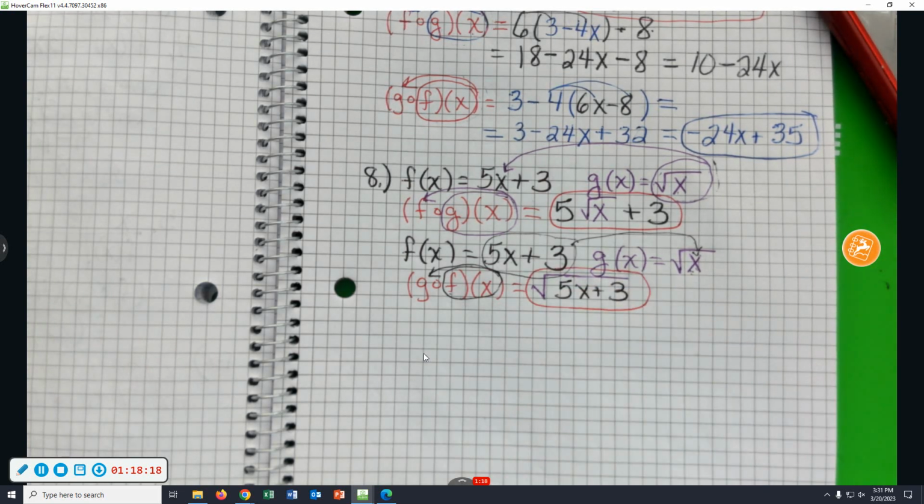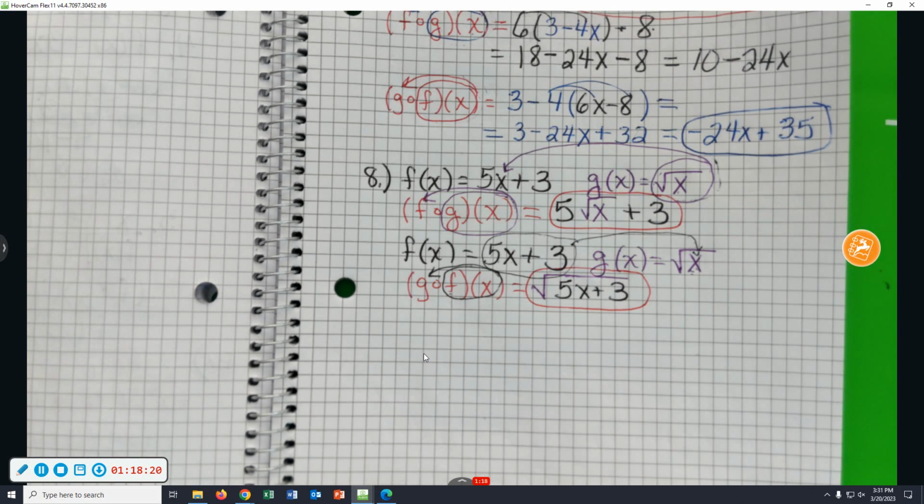Any questions on that one? We've replaced the variable in g with f of x. In place of that purple x, we wrote f of x, 5x plus 3. There's the purple square root. We just scribbled out that x and wrote in a 5x plus 3.